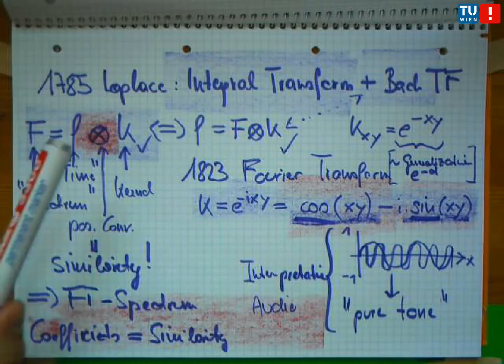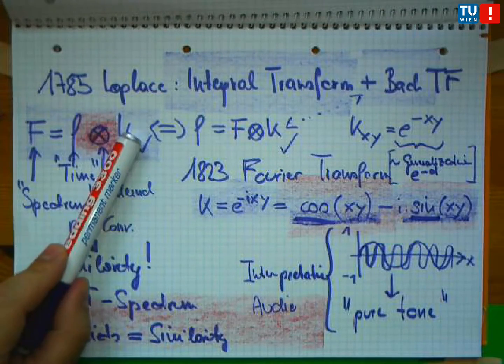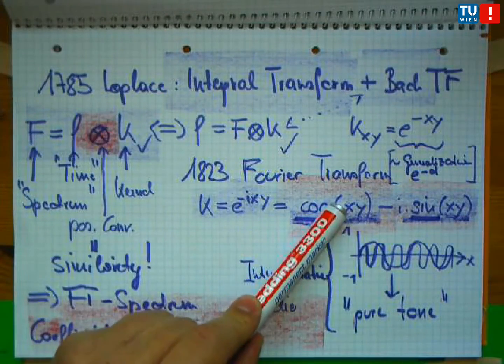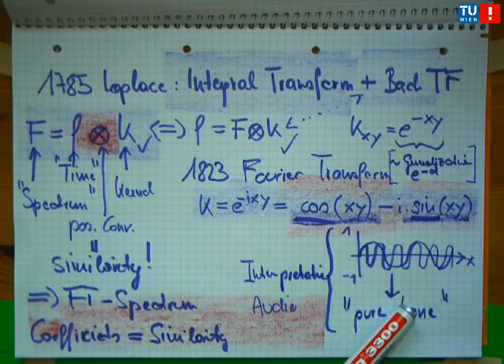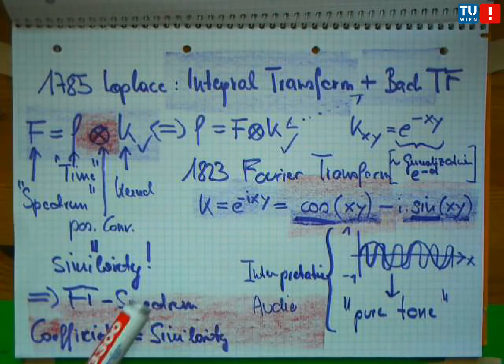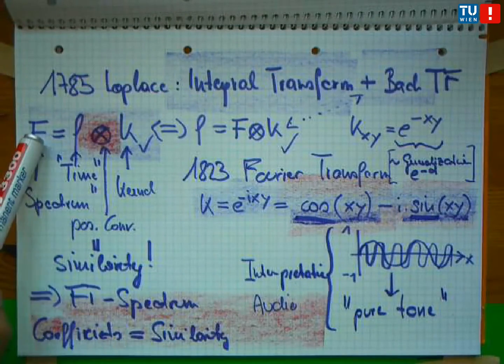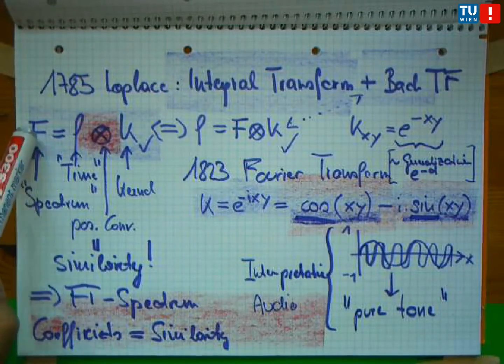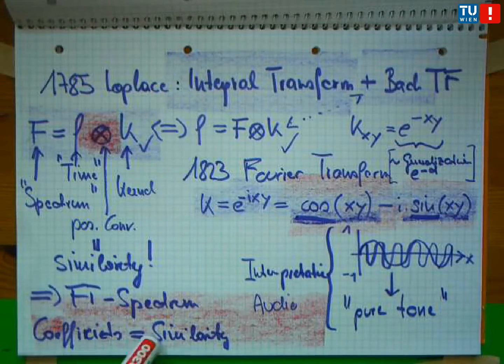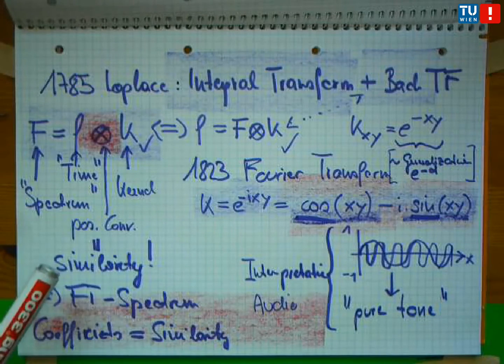We have a similarity operation, we have a well-defined kernel which we can interpret in the context of our domain, which is audio, and therefore we know exactly what the output coefficients of the Fourier transformation are. They say whether the tone with 440 Hertz is that important or not. Almost, unfortunately.